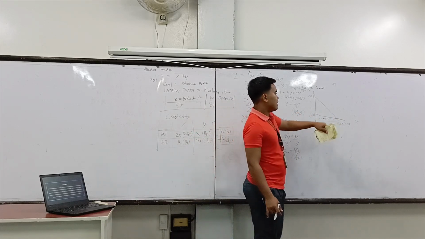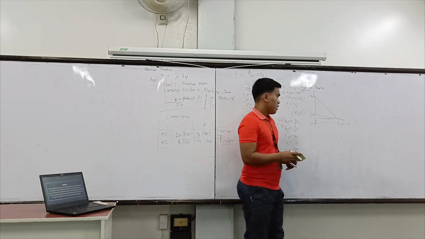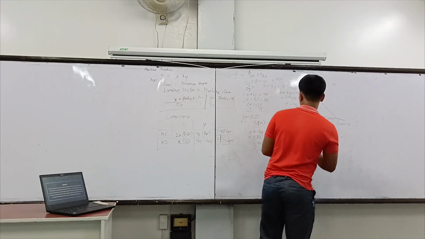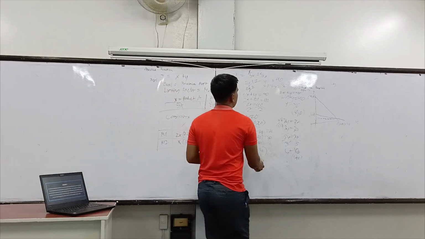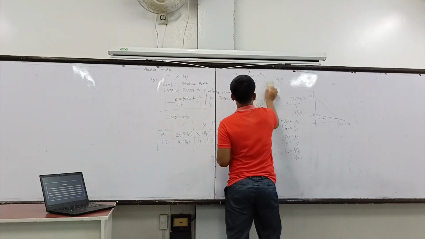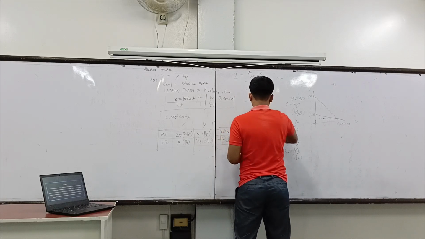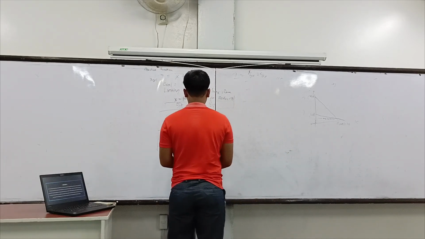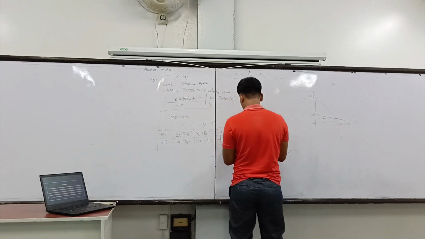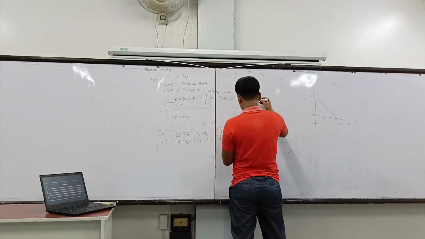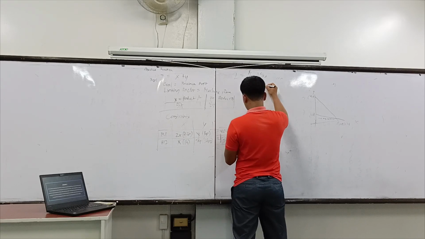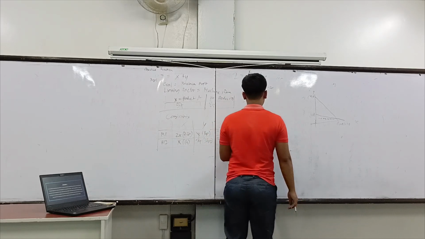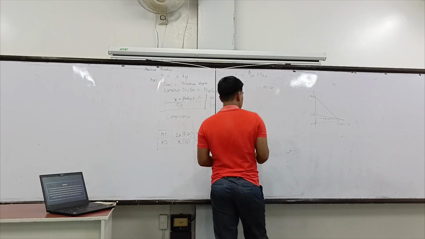Now, in step 3, we're gonna get the vertices of the intercept point. Get the vertices of each point.